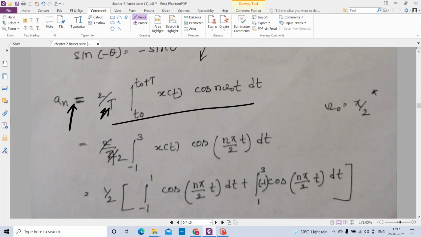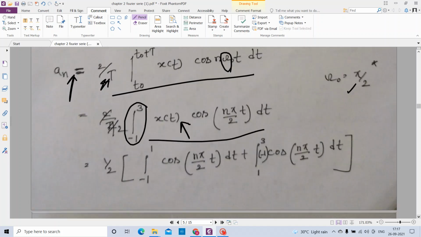Then we substitute this integral over one cycle, minus 1 to 3, and substitute the fundamental frequency, which is pi by 2. So cos of n pi by 2 into t into dt, right? Thereafter you have to integrate this function. Before integrating, you have to substitute the value of x of t, our train pulse value, that is the magnitude, plus 1 and minus 1.